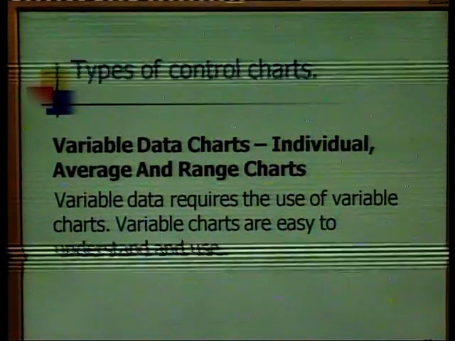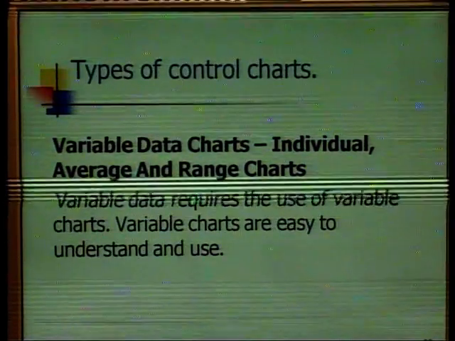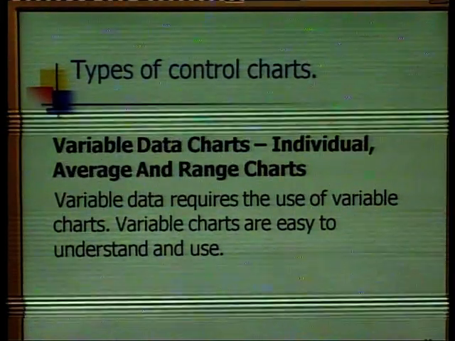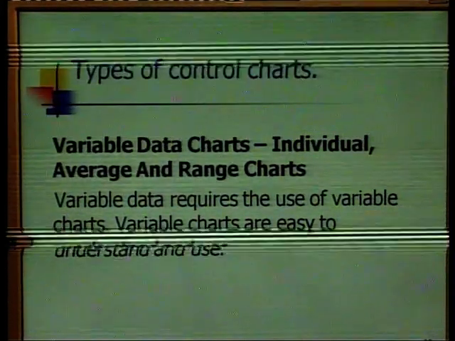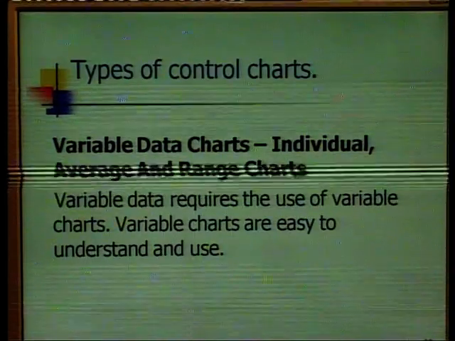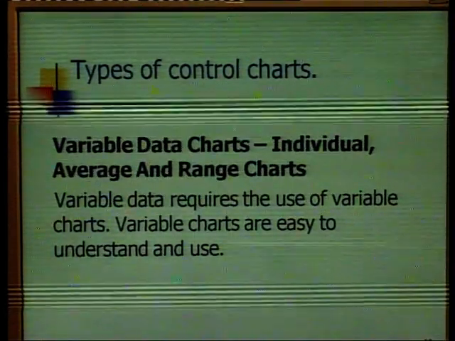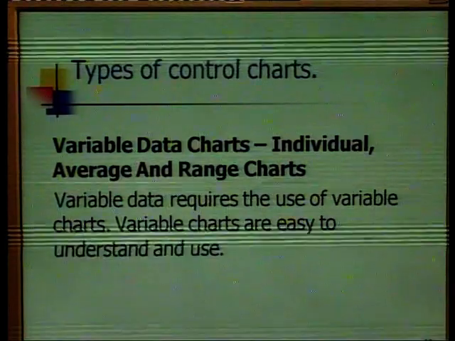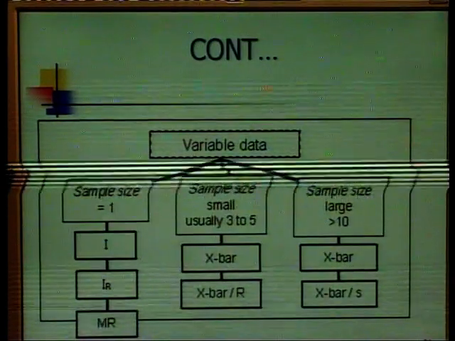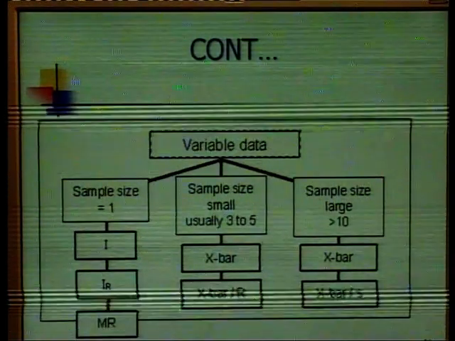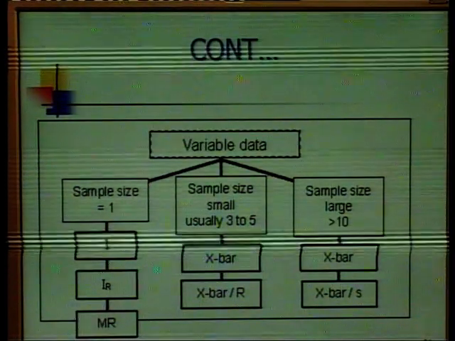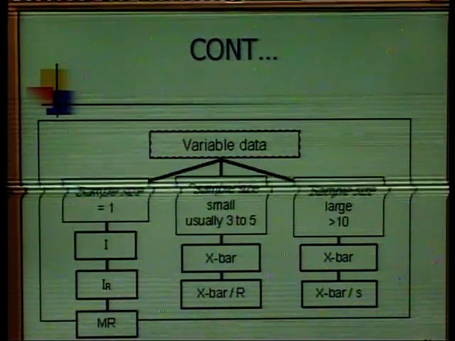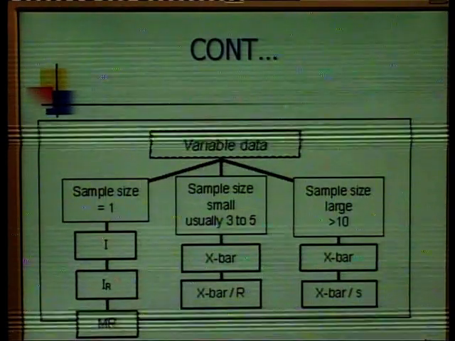There are three kinds of variable data charts: individual charts, average charts and range charts. Variable data requires the use of variable charts, as they are easy to understand and use. If the sample size is 1, which chart are we going to use?